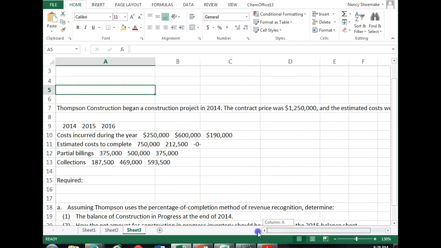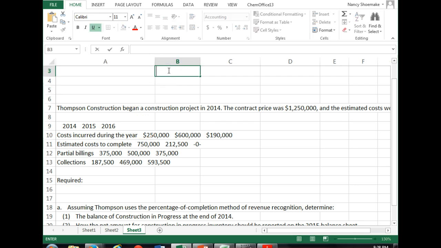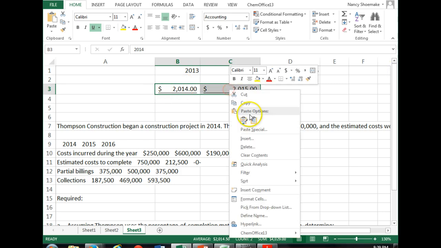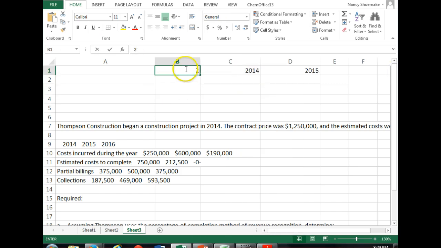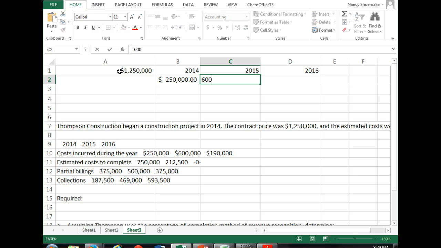Data for each year, 2014, 2015, and 2016, showed cost incurred during the year of $250,000, $600,000, and $190,000, right?